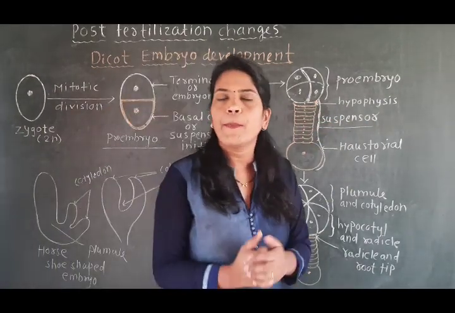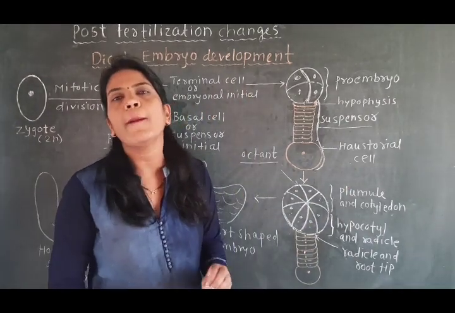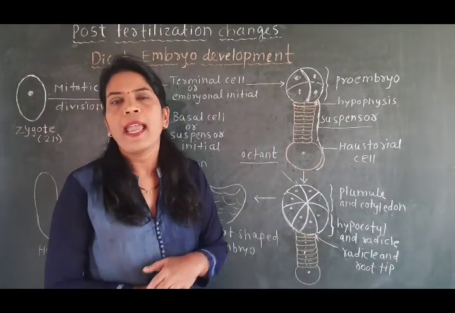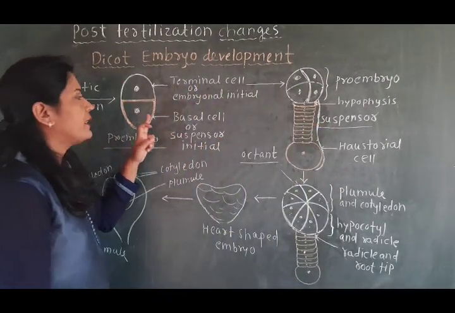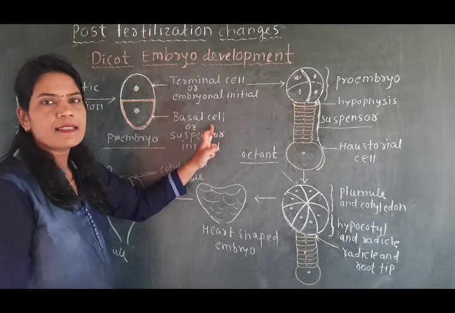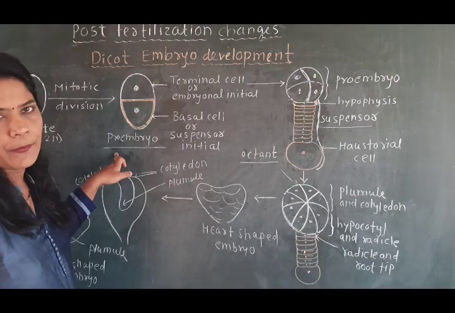Keep in mind that the hypophysis and the haustorial cell are cells of the suspensor. These suspensors are formed by the division of the basal cell, or suspensor initial, of the proembryo.